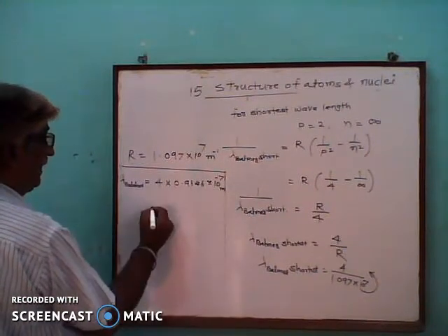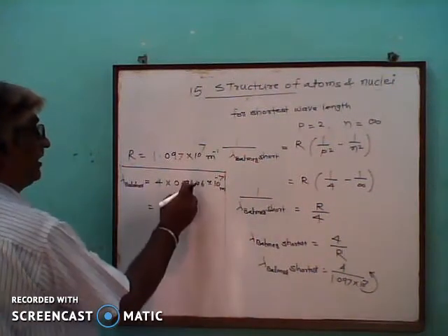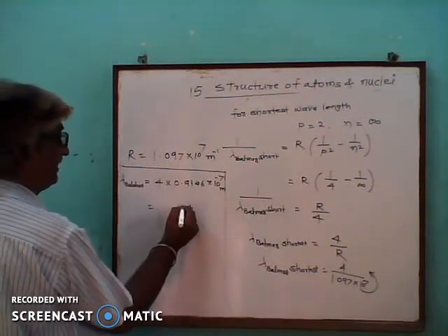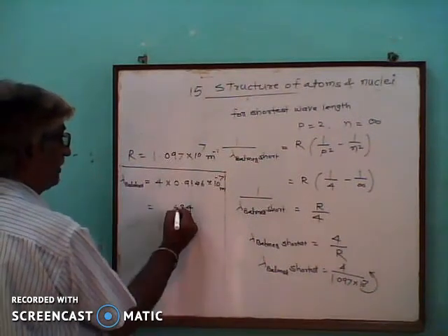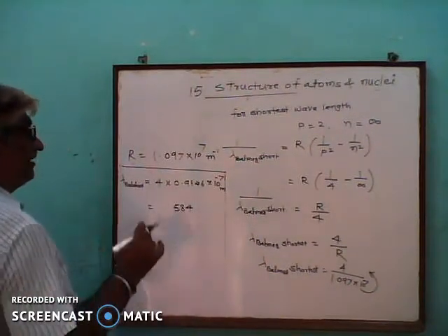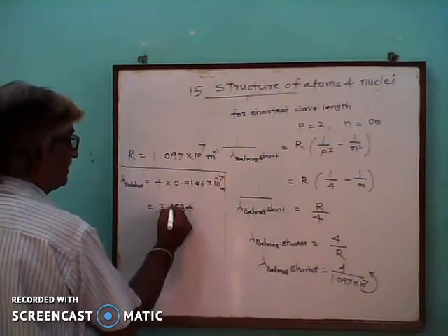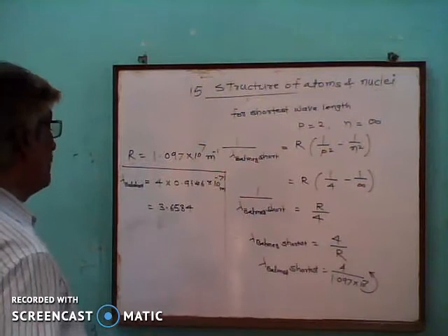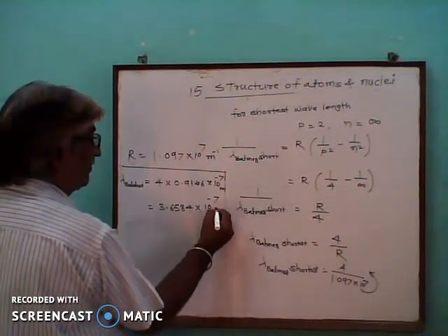Multiplying, we get 3.6584 into 10 to the power minus 7 meter.